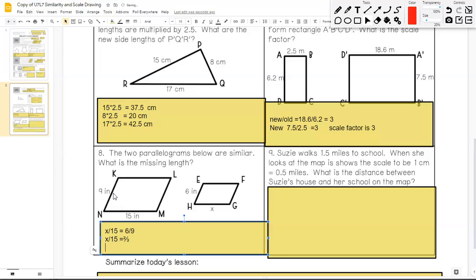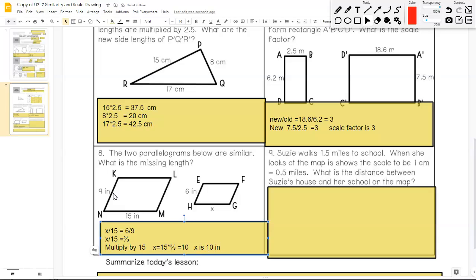Well, I multiply both sides by 15. And that gives me x equals whatever 15 times 2/3 is, which equals 10. All right? So this missing side, x, is 10, and our units are inches.